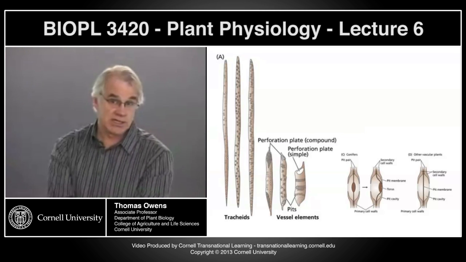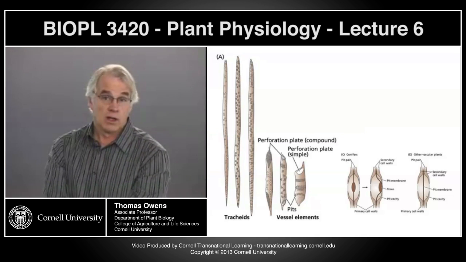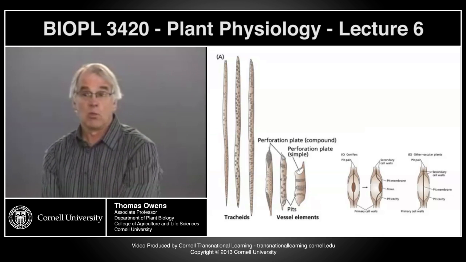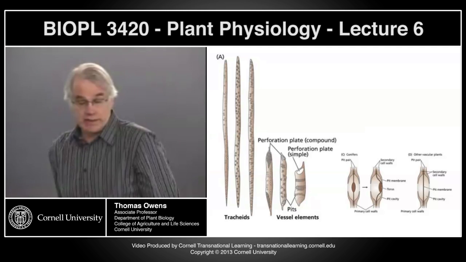If an insect or a chewing insect or something like that cuts through the xylem, it helps prevent water loss from the xylem. Okay, it keeps water from flowing too quickly through the xylem.